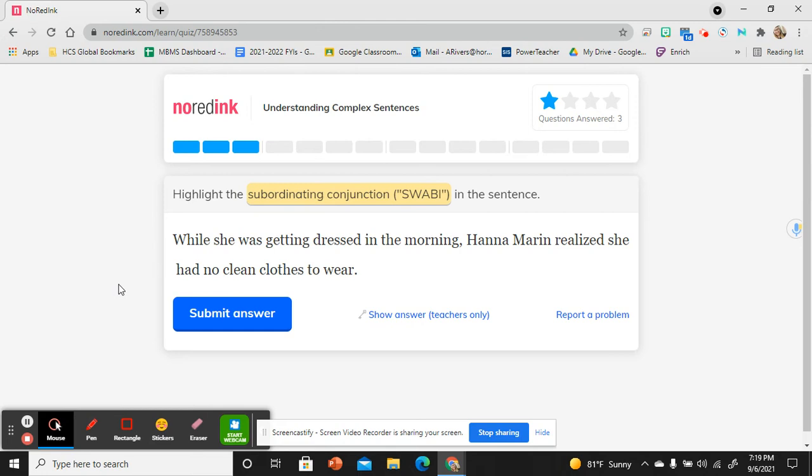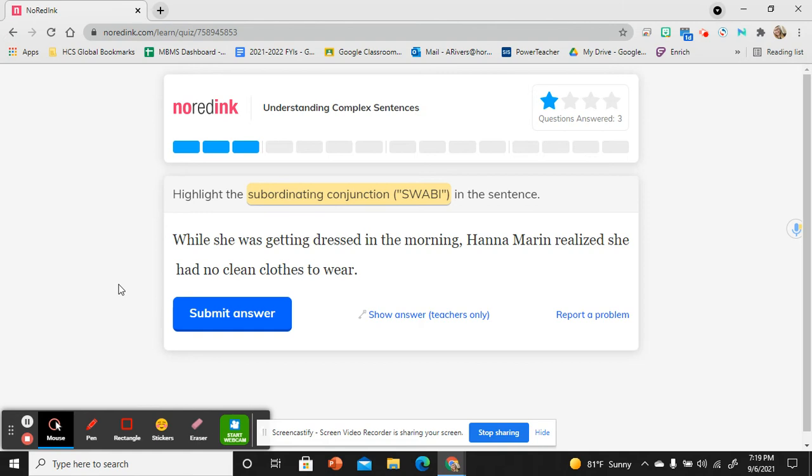Hannah Marin realized she had no clean clothes to wear. That's a complete thought. She was getting dressed in the morning. That's also a complete thought. I could say Hannah Marin realized she had no clean clothes to wear while she was getting dressed in the morning. Or I could say while she was getting dressed in the morning, Hannah Marin realized she had no clean clothes to wear.